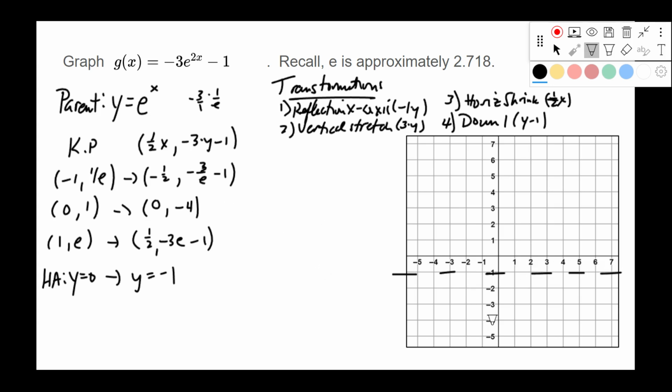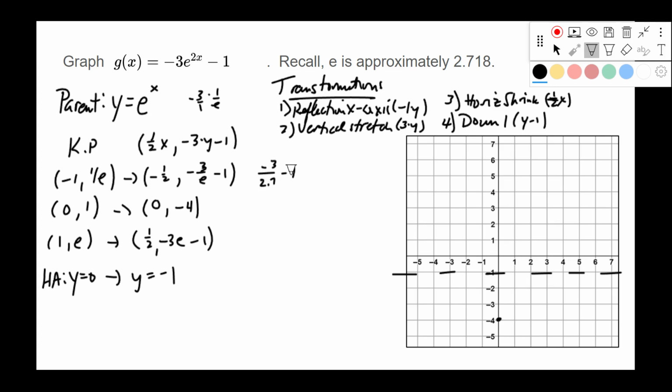We are going to 0, negative 4. That's the easiest point for me to put on here. And then we have negative 1/2, negative 3 over e minus 1. So we're just going to approximate this. You could type it into a calculator, obviously, and get the actual value to go and graph. This is like negative 3 over 2.7 minus 1. So that's almost negative 1 minus 1.